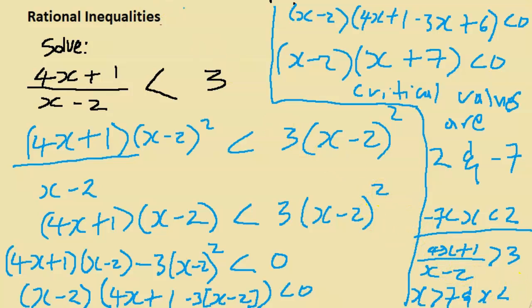Well, the larger critical value was positive 2, right? And the smaller value, negative 7. Good. So any of those methods works just fine.